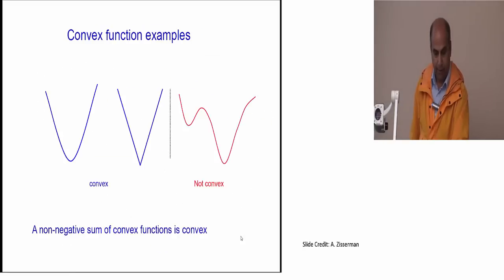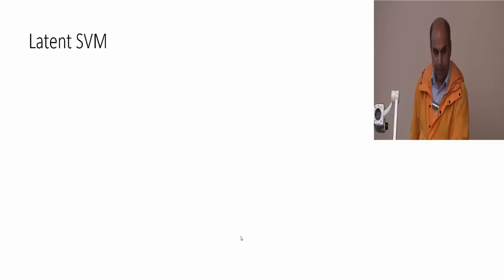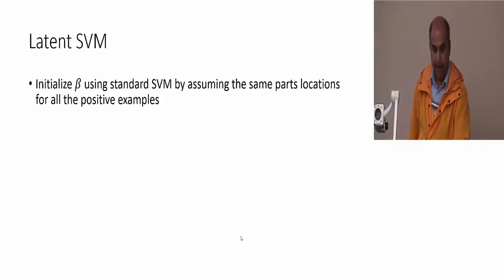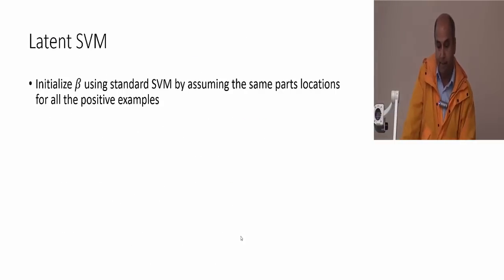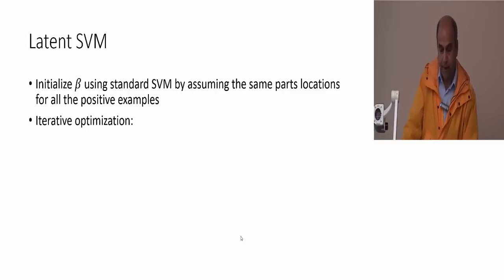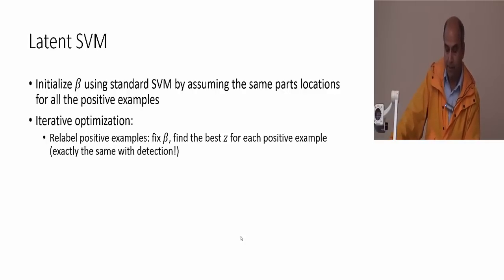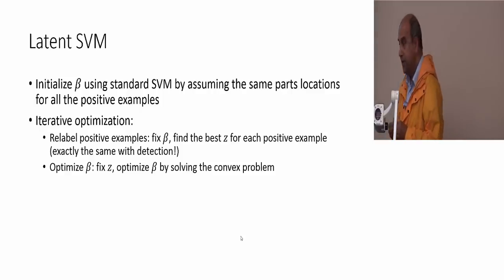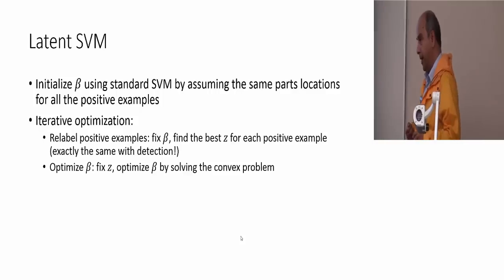So latent SVM is semi-convex, we went through that. Initialize beta using standard SVM by using the same part location in all the images. Then iterate: relabel the positive examples, fix beta, and find the best Z for each positive example. Once we know the right Z, we will fix Z and find the beta again.